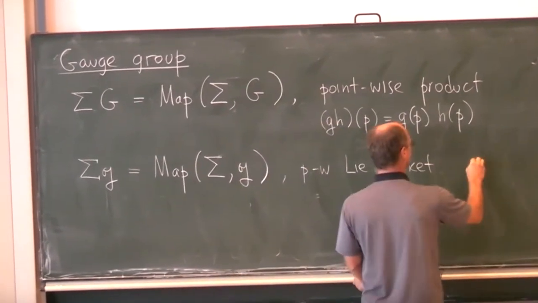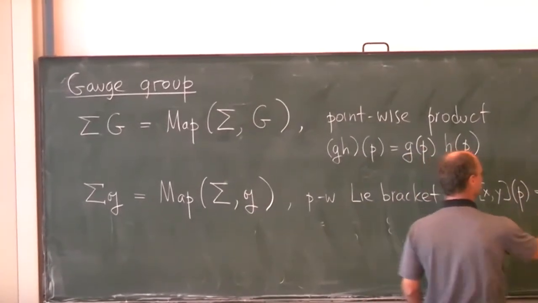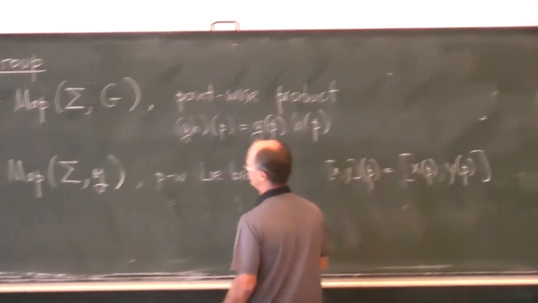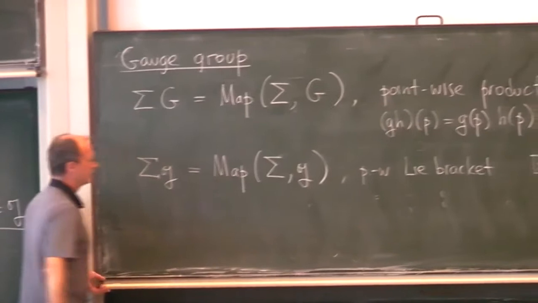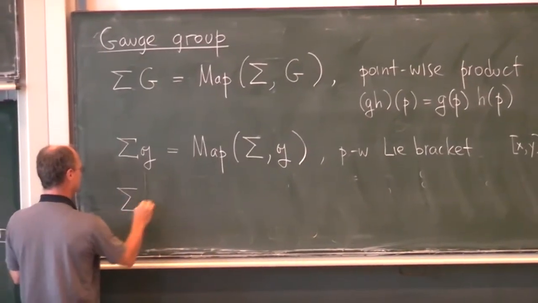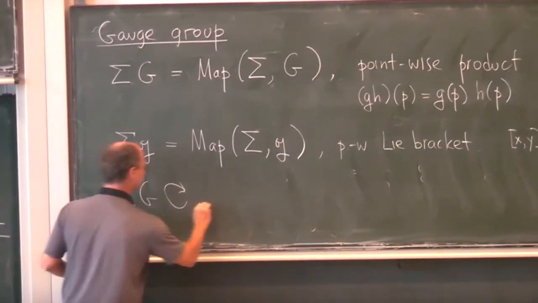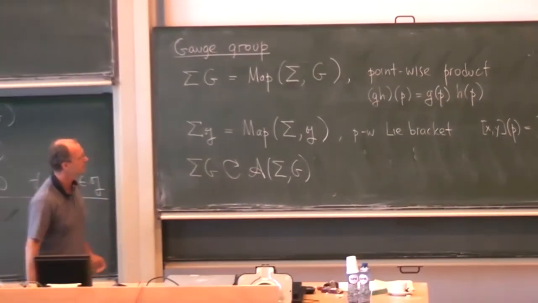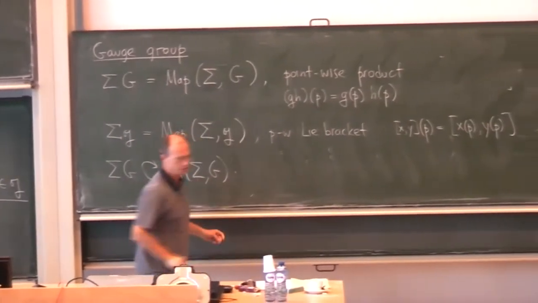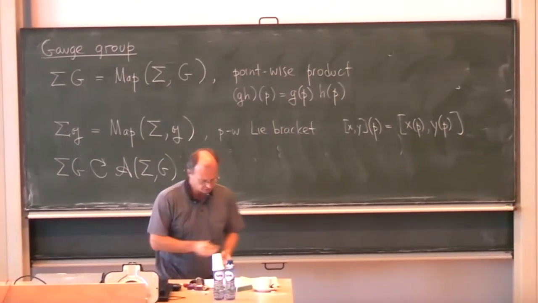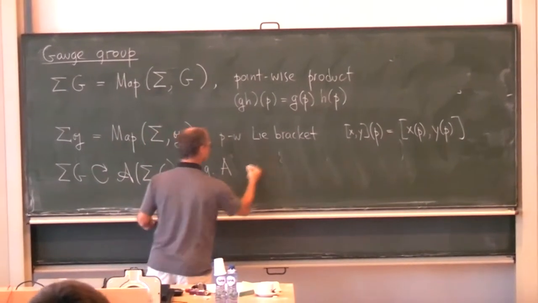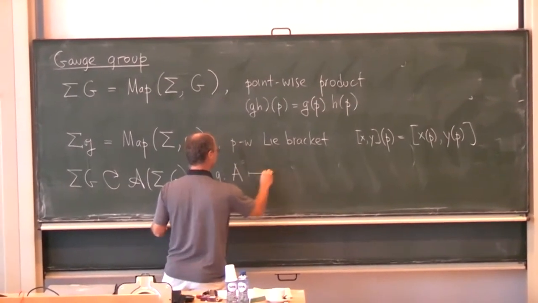So for x, y, the bracket of xy at p is simply x of p bracket with y of p. Well, now sigma G acts on A of sigma g, and here there are some choices of how you can write this formula. Let me give you two writings as usual.